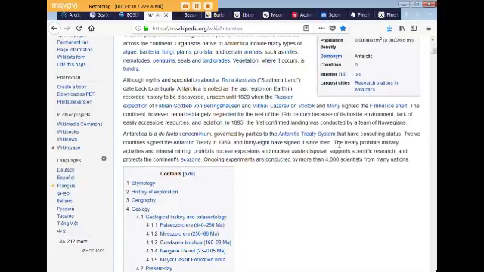The continent, however, remained largely neglected for the rest of the 19th century because of its hostile environment, lack of easily accessible resources, and isolation. In 1895, the first confirmed landing was conducted by a team of Norwegians.